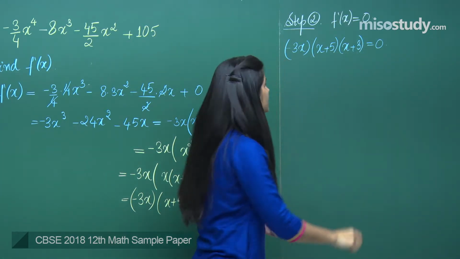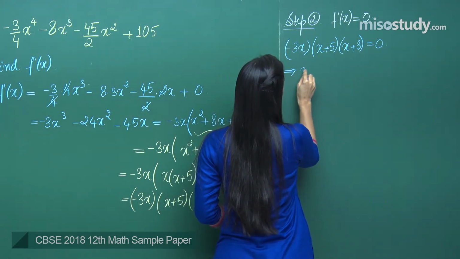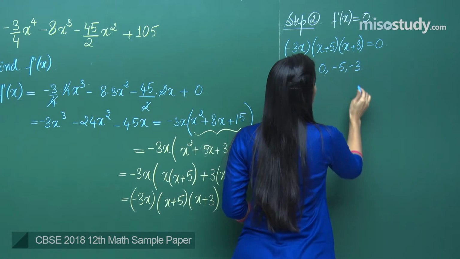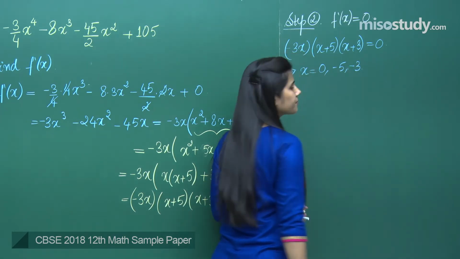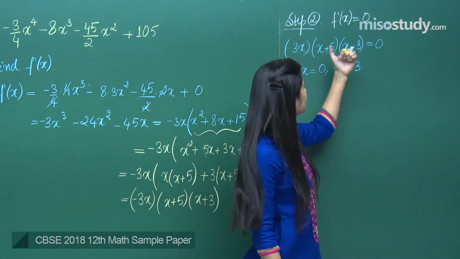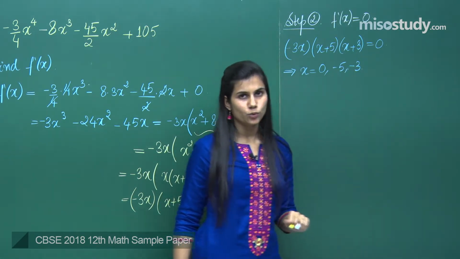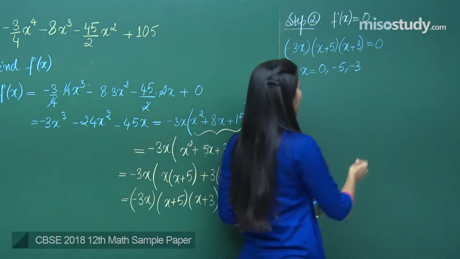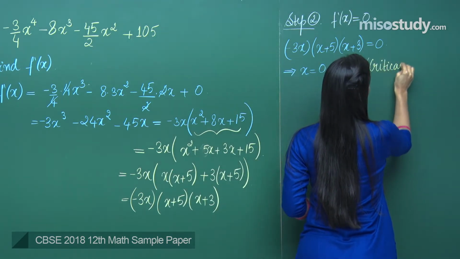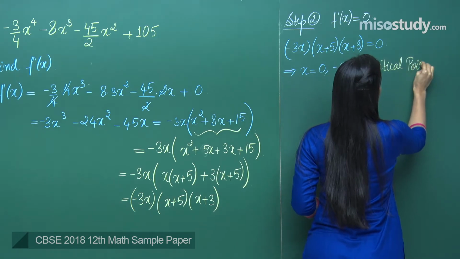What do I mean by this? This means my x is 0, minus 5 and minus 3. These are the values of x which satisfy the equation f dash x equals 0, and so these are my critical points.